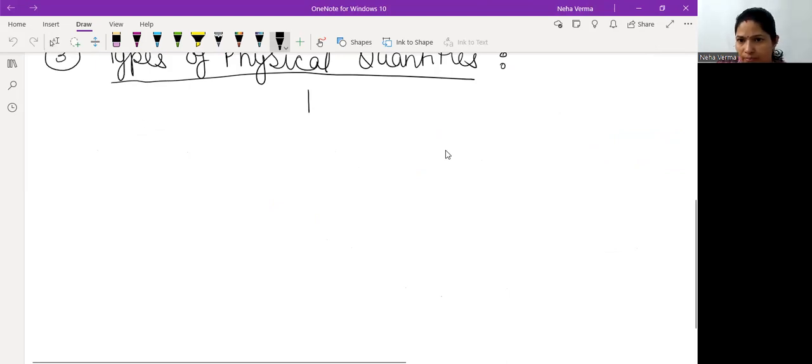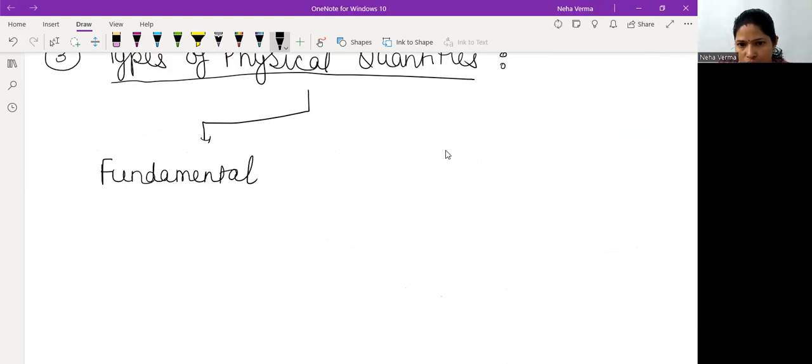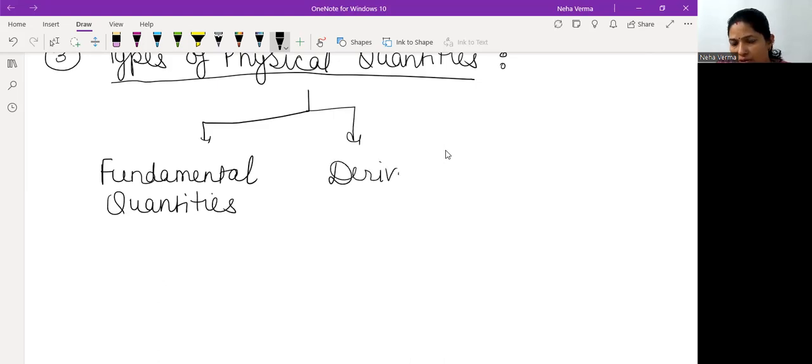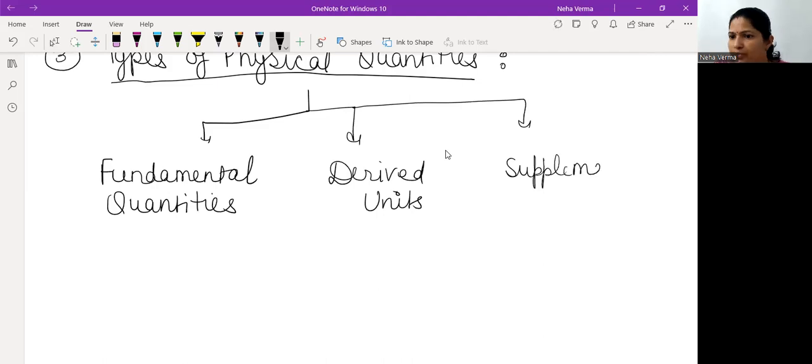One is fundamental quantities. Second one is derived quantities, or we can also say derived units. And the third one is supplementary quantities, units or quantities.